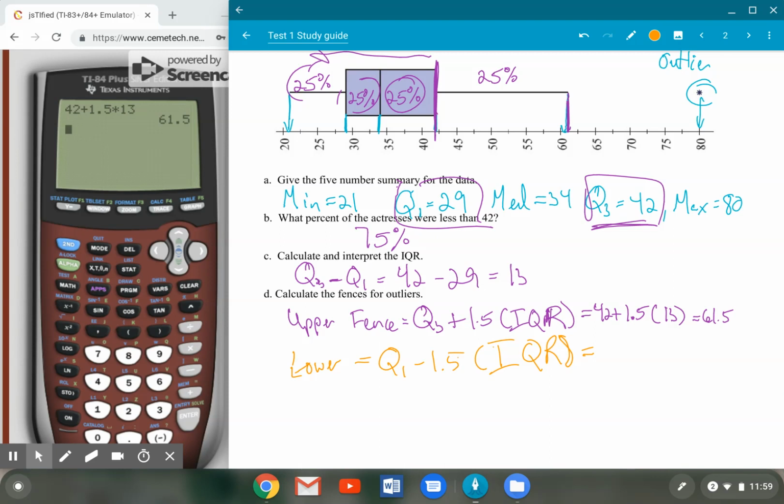And so that would be 29 for our Q1 minus 1.5 times 13. And I get 9.5. There was nobody below 9.5 in age in the data set.